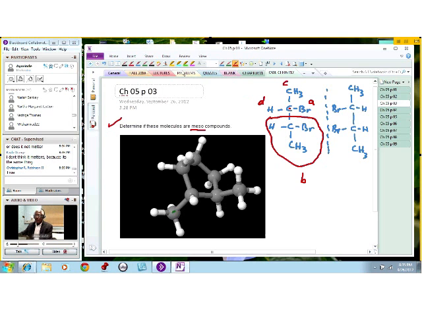Now, if I make my motion from A, go through B to C, that would look like this.